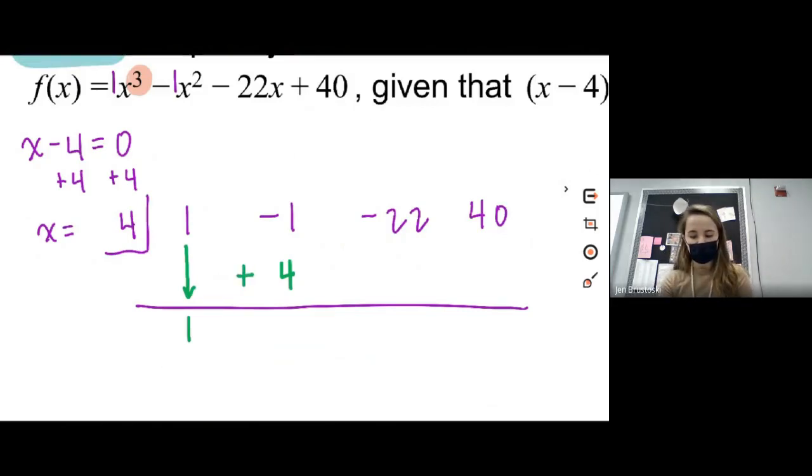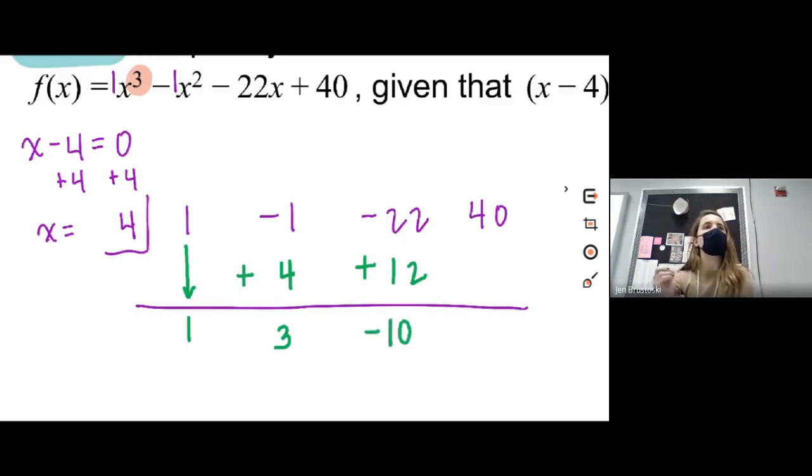So -1 plus 4 is 3. On the diagonal, we multiply by the number in the box. So 3 times 4 is 12. Add going up and down. So -22 plus 12, we get -10, sorry.